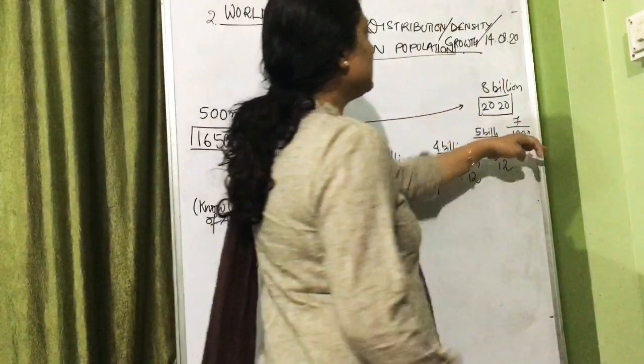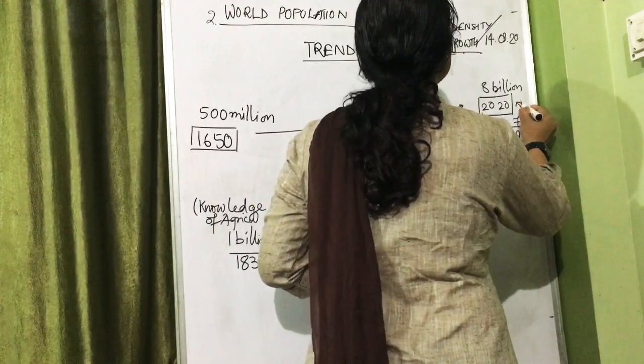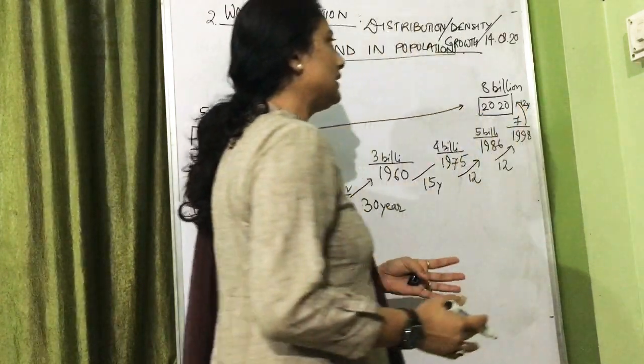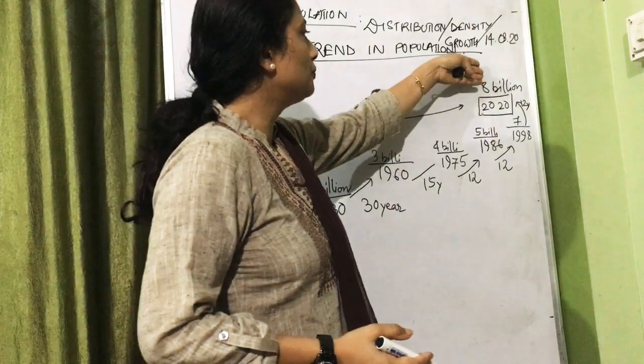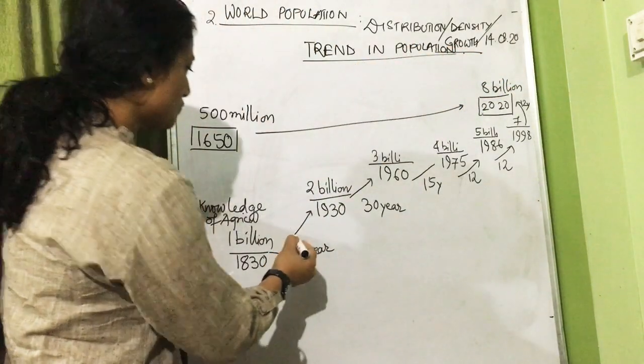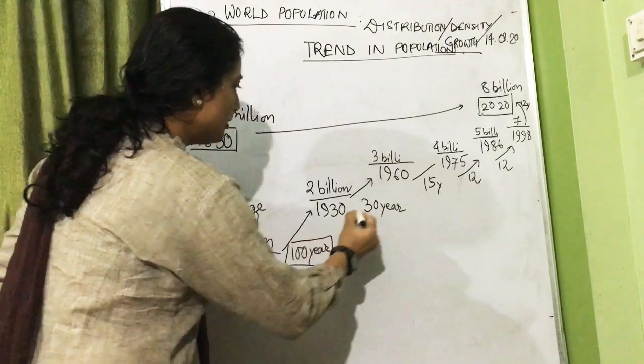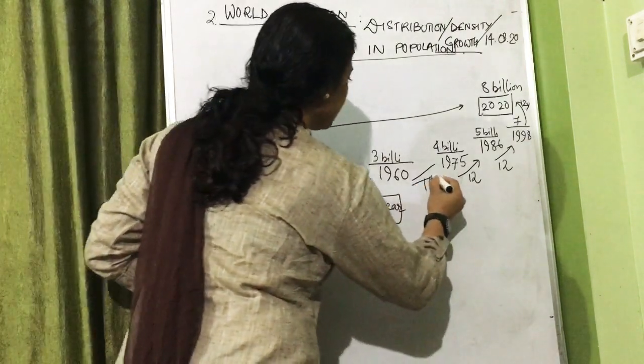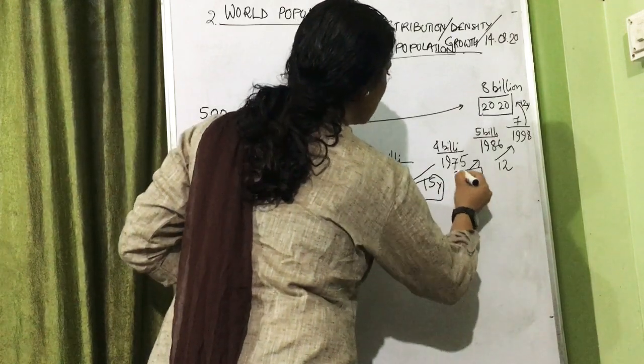And from 1998, if we take 12 years, approximately by 2023 you will find we have already reached 8 billion. So it means the doubling period decreased over the years.